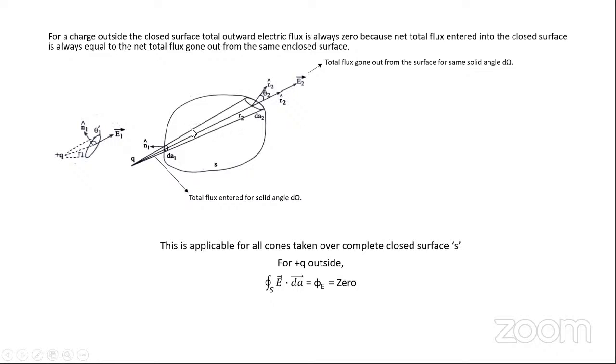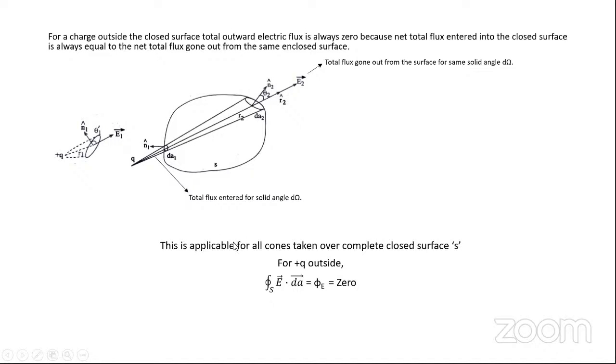The same solid angle is subtended by area dA2 and area dA1 at the point charge Q. Therefore, the solid angles subtended by dA2 and dA1 are equal and opposite, that is minus d omega 1 and d omega 1. So they are equal and opposite. Therefore, the net outward flux becomes 0, because this charge is outside the closed surface. That can be explained using this.